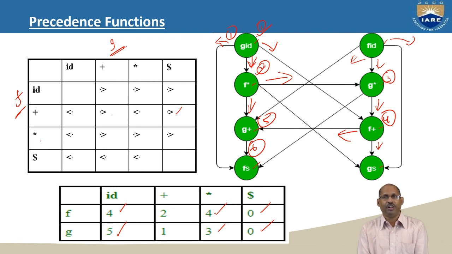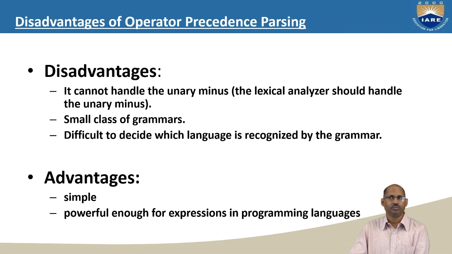So we can perform the integer comparison easily, and we reduce the size such that we can perform shift reduce parsing in the operator precedence parsing method, right?